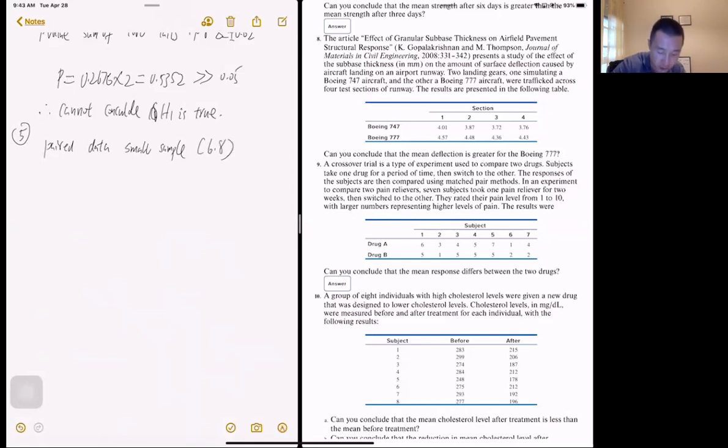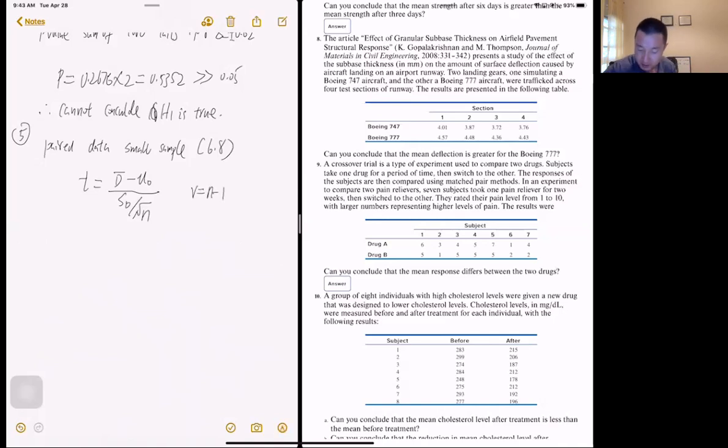Okay, so we need to calculate the t value. This is the average of the difference. This is mu 0. This is SD, the standard deviation of the difference. And this is the sample size. The degree of freedom is equal to n minus 1.